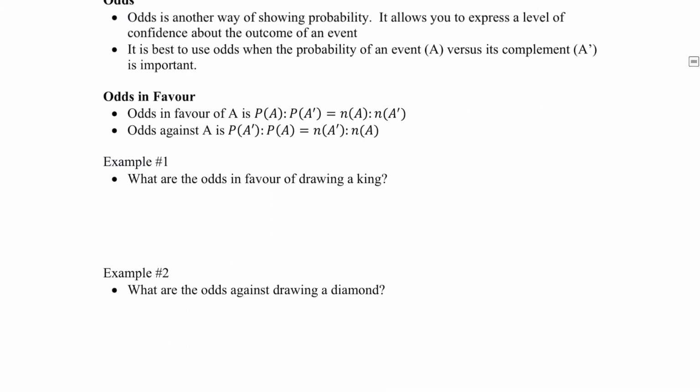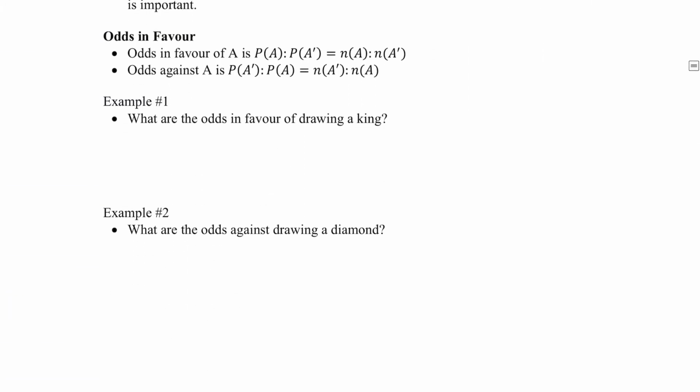So, if we go back to that question, what are the odds in favor of drawing a king? Well, the number of kings to the number of the complement of kings, which are the not kings, would be, well, there are 4 kings, there are 48 not kings.